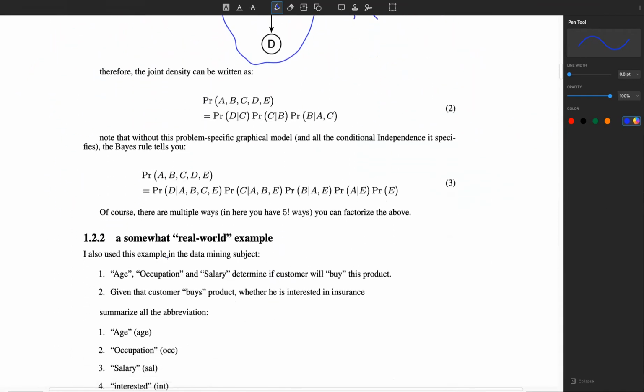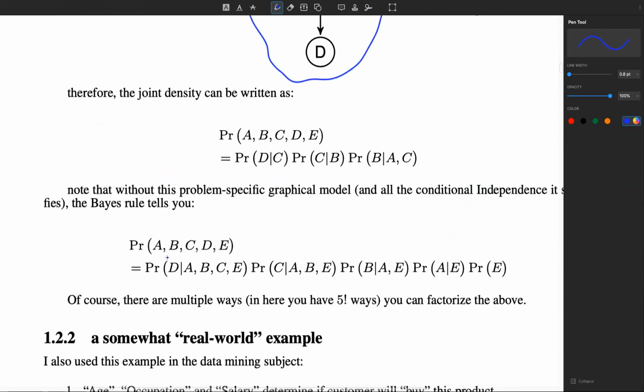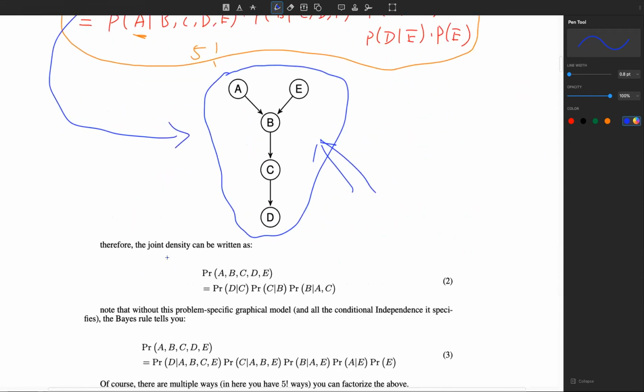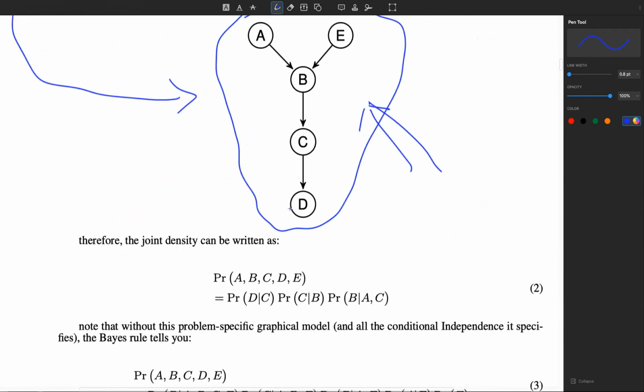Well, there you go. So this is corresponding to that, right? So you will take this branch here. You say probability of B conditioning on A and E. Oh, I made a mistake, sorry. So it should be E.